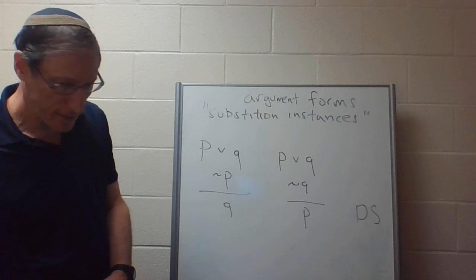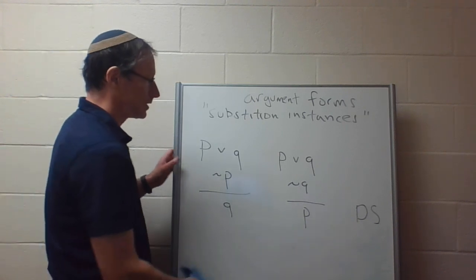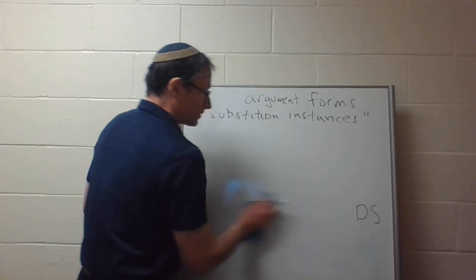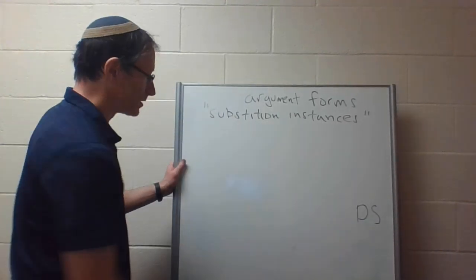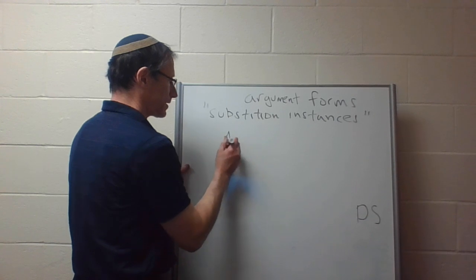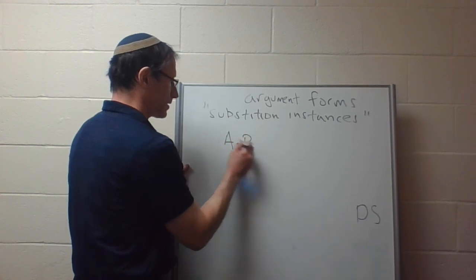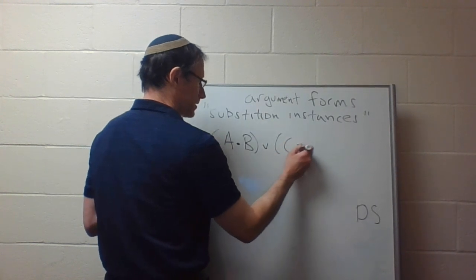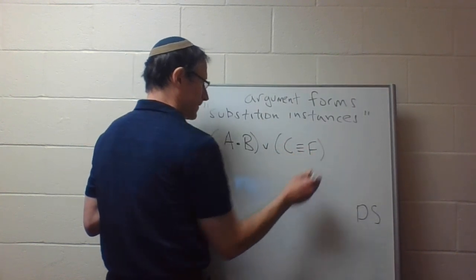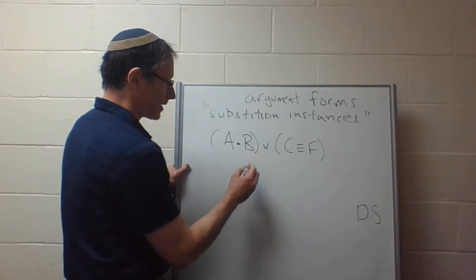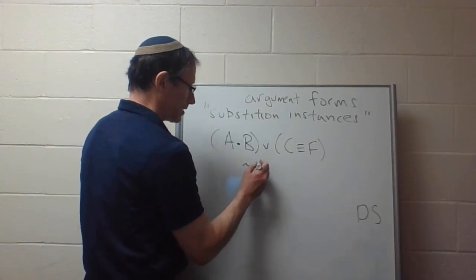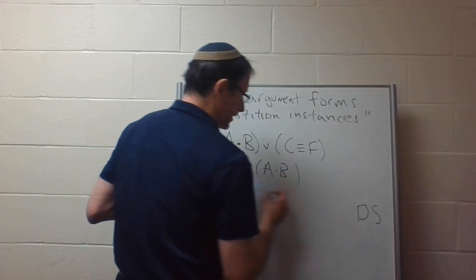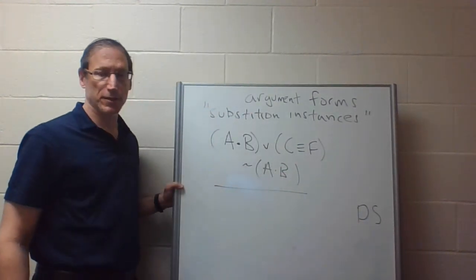So that means if I come across an argument like this: A dot B wedge C biconditional F, and now I have not A and B. What can I infer using disjunctive syllogism?